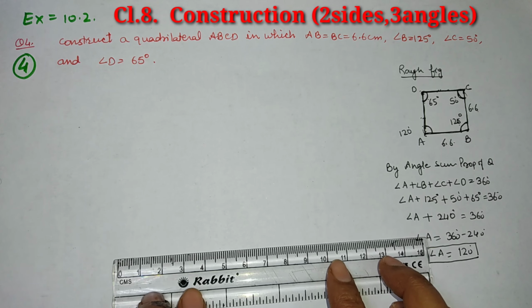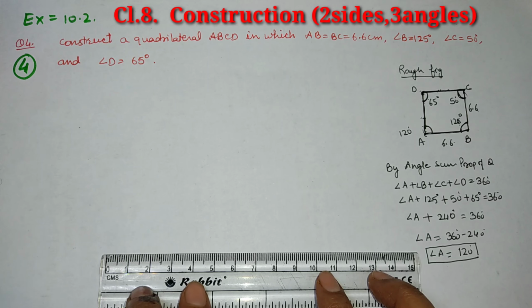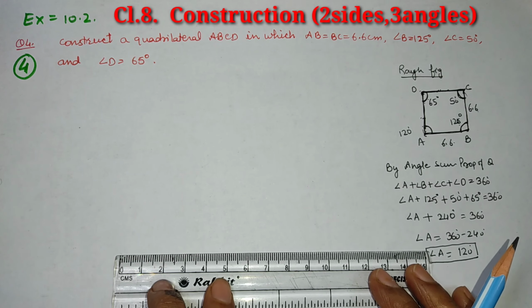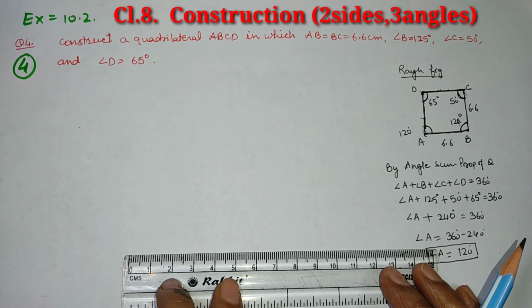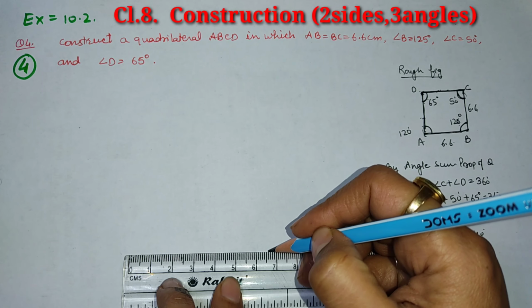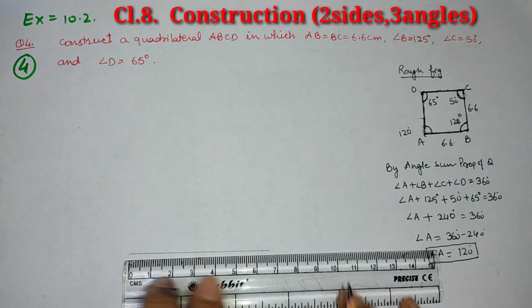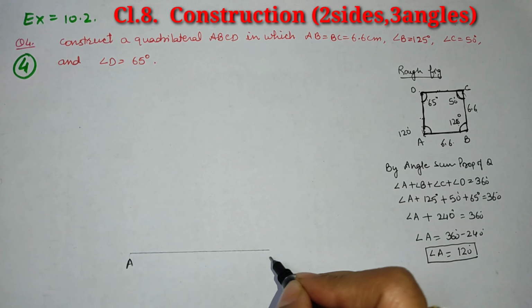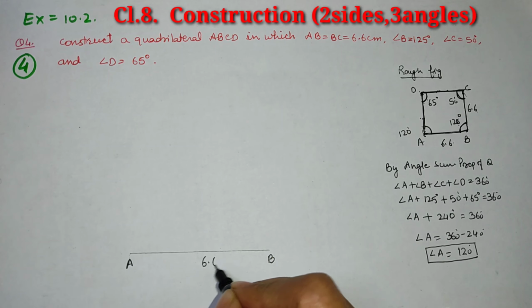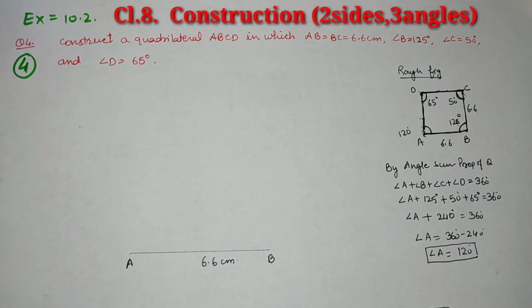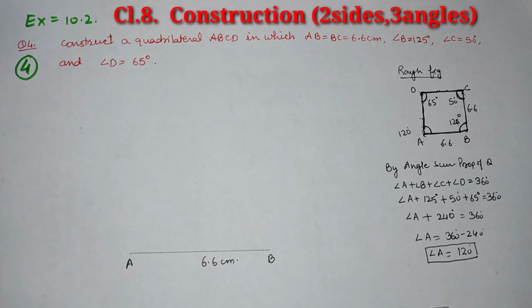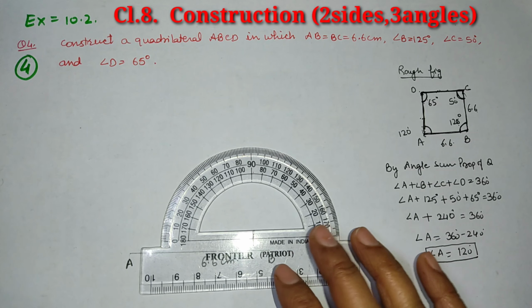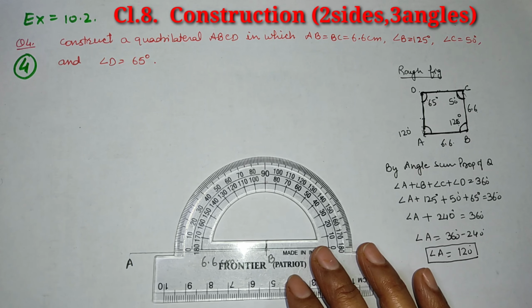Take a line AB of 6.6 centimeters, with point A and point B. At B we have to draw an angle of 125, and 125 is not a multiple of 15, so we have to draw it with a protractor.